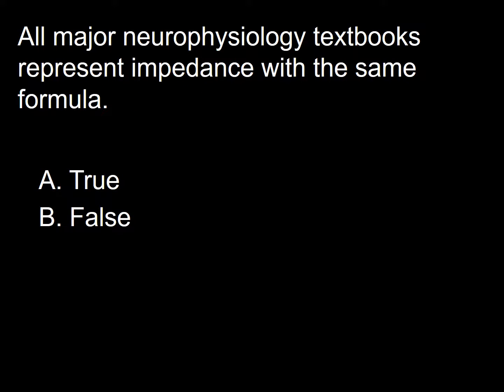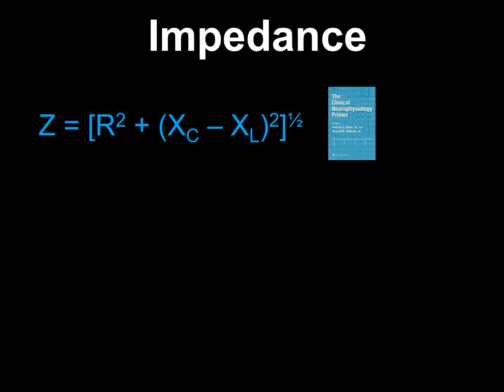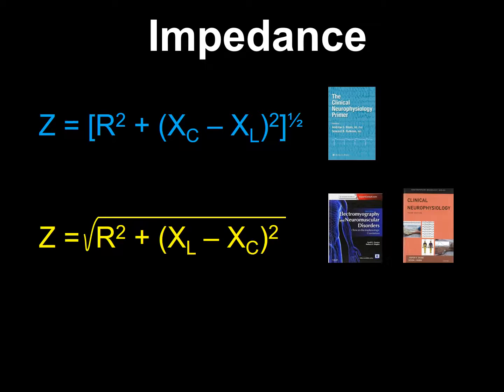Next question. All major neurophysiology textbooks represent impedance with the same formula. A true, B false. Different formulas for impedance are presented in different books. The formula you are just looking at I find too complicated to even take into consideration. This new one is less complicated and is present in two major textbooks used by neurophysiologists.